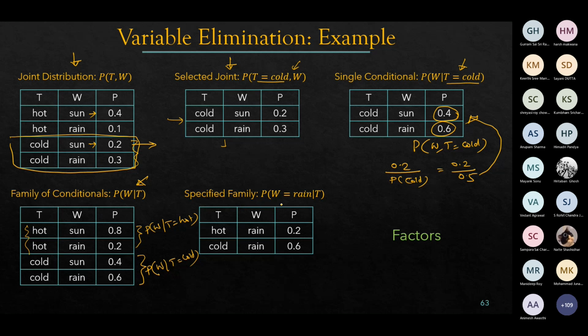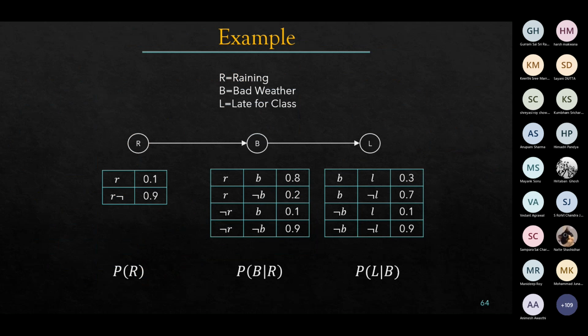We can also specify a value for the conditioned variable and leave the other uninstantiated, and compute the conditional probability similarly as we did earlier. So we are specifying a value from this family. These are the different ways of looking at the joint distribution and deriving other probabilities.